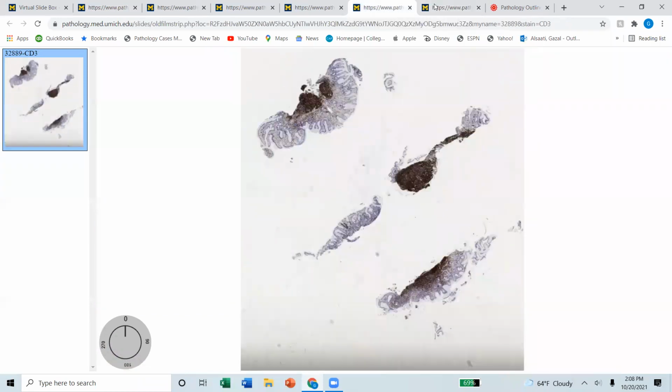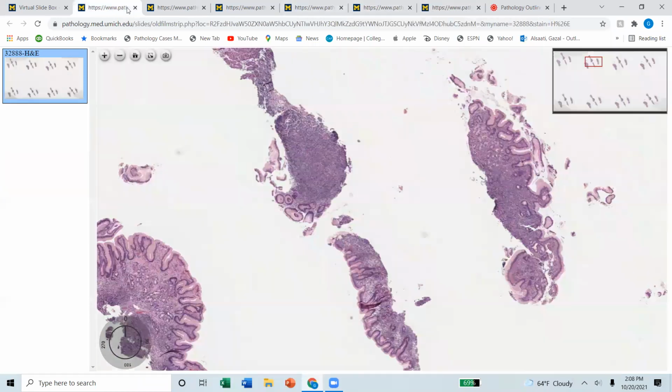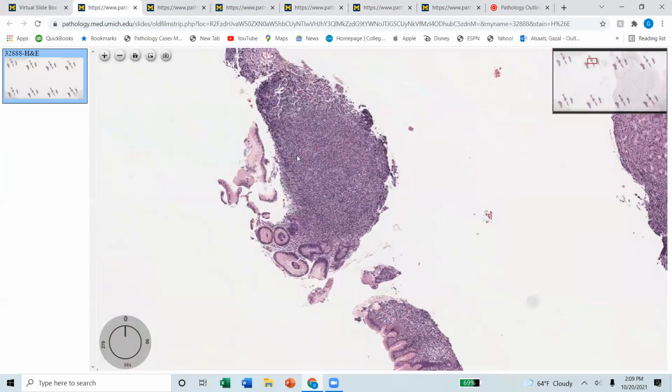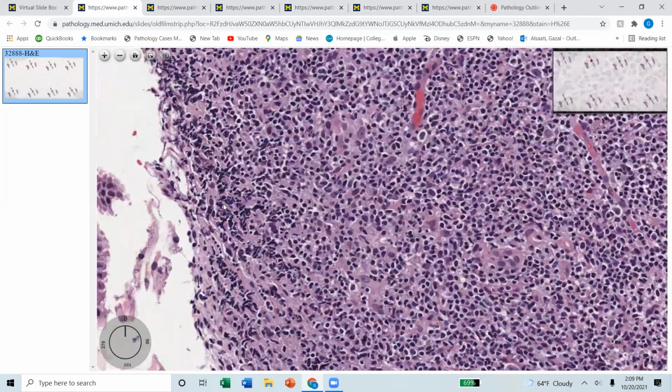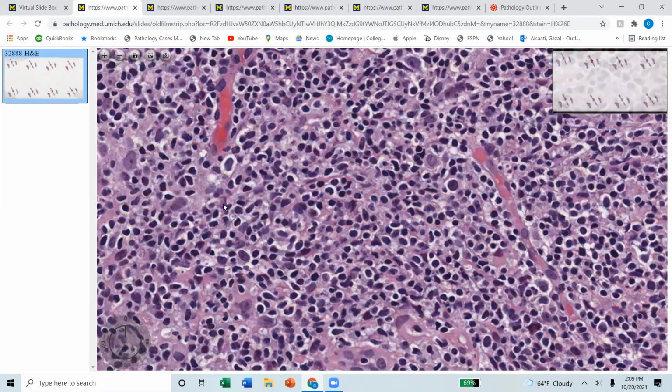CD20. And if you go back to those lymphocytes on higher magnification, you see they have condensed chromatin. They are somewhat irregular in shape. That should be kept in mind: though monotonous, they are irregular in shape, small, with condensed chromatin.